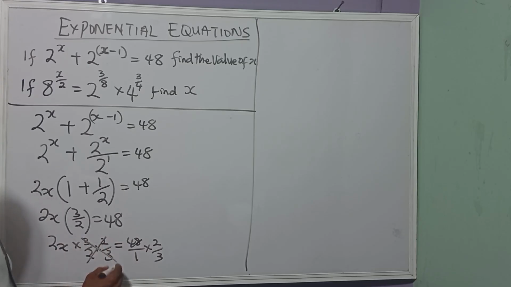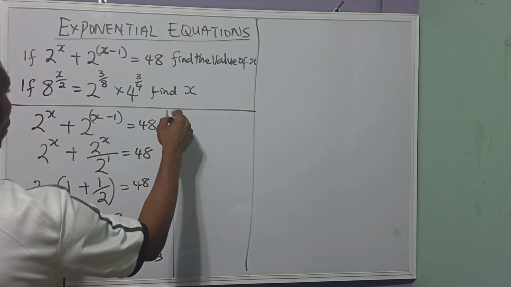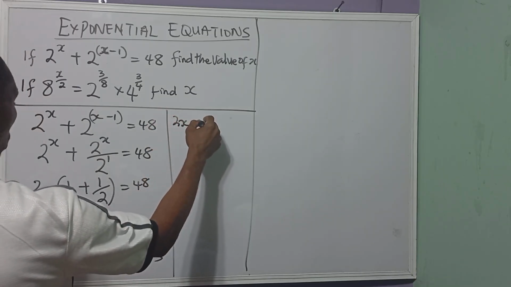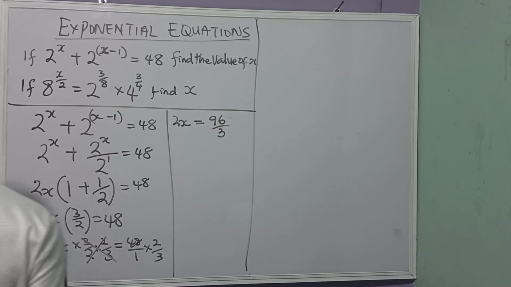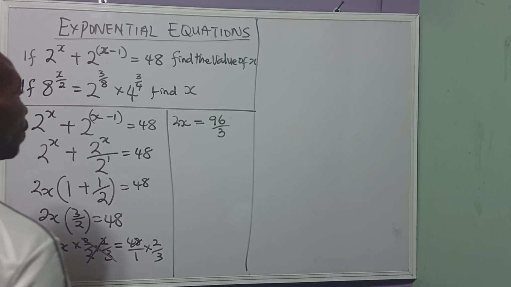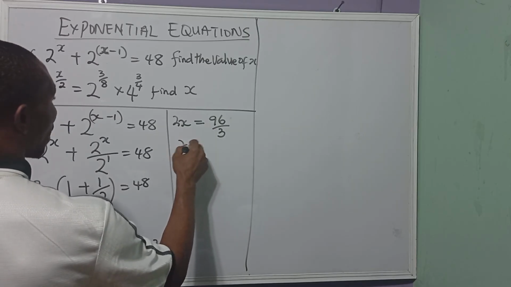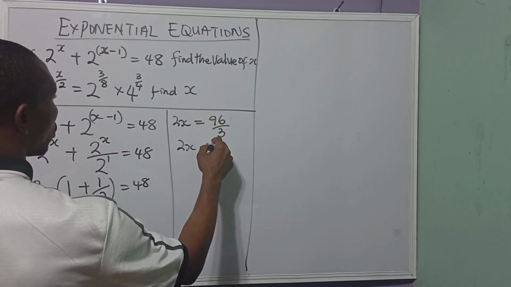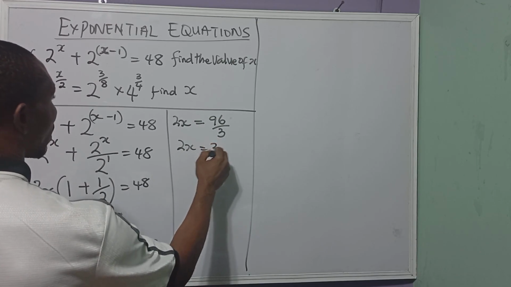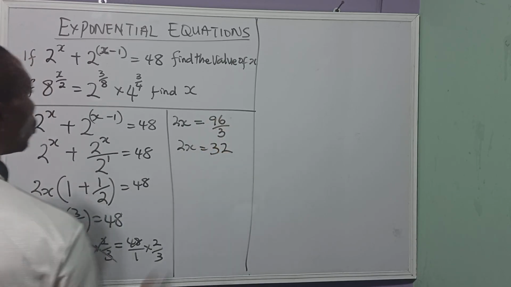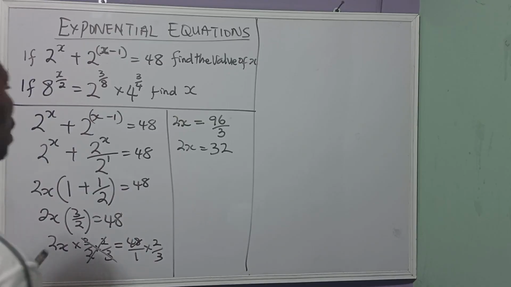This cancels out, giving us 2 raised to power x equals 96 over 3. Having it as 96 over 3, we can break it down: 3 into 9 is 3, and 3 into 6 is 2, making it 32.